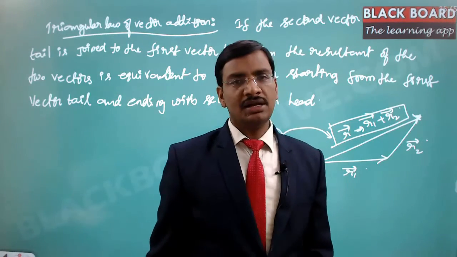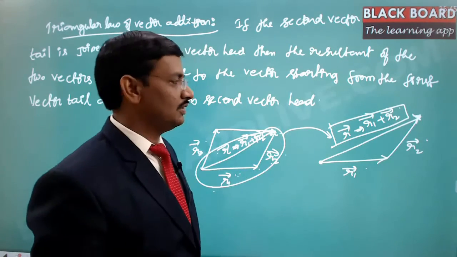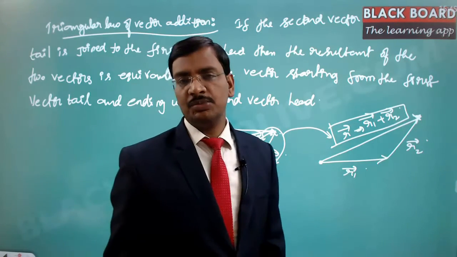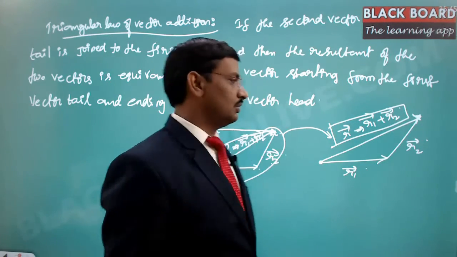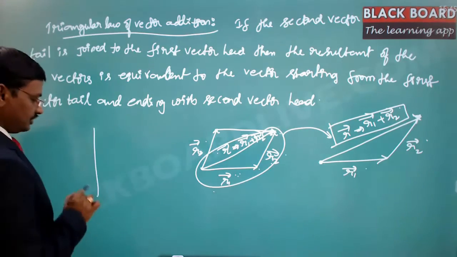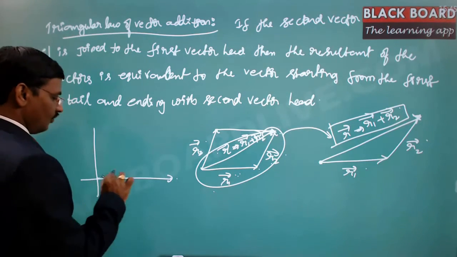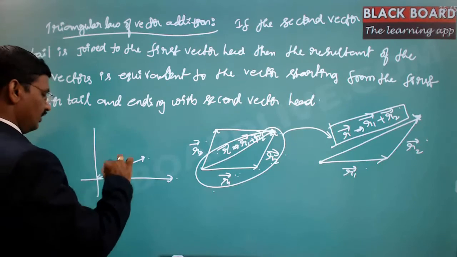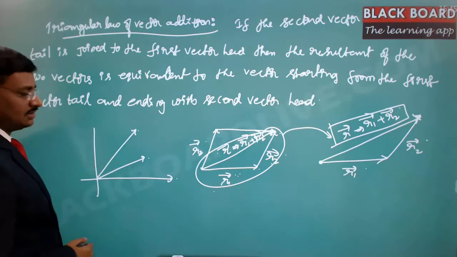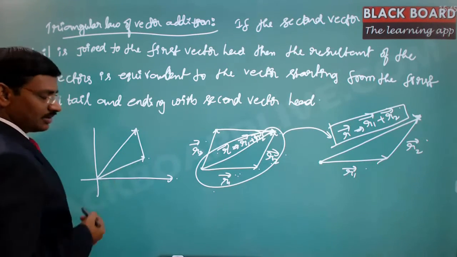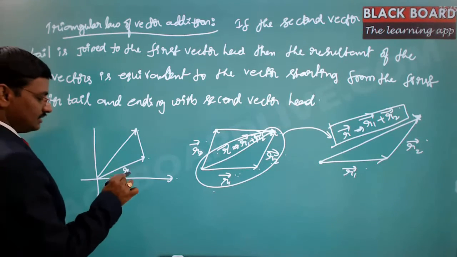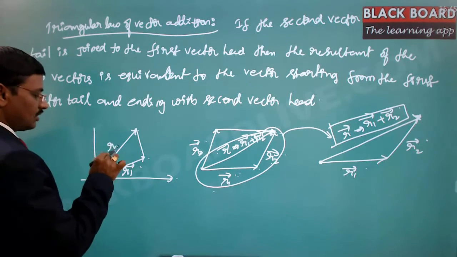Now this triangular law of vector addition is very useful whenever we are dealing with the position vector concept. In the case of position vectors, suppose you have one position vector like this, and another position vector like this. Let us say this is the R1 vector and this is the R2 vector.